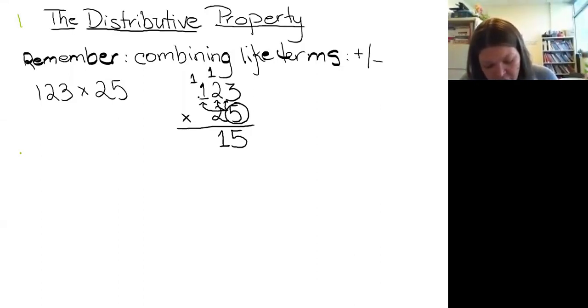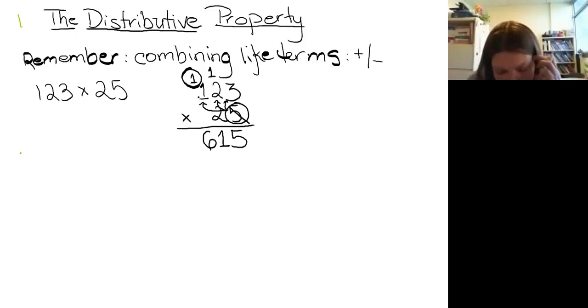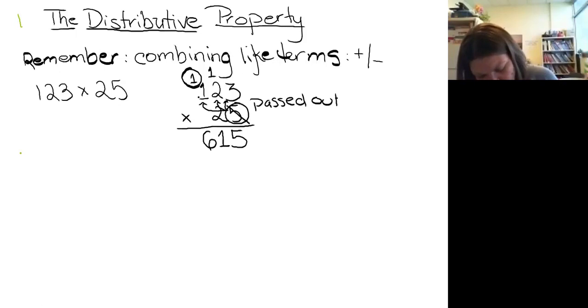And so I would end up with a 5 in my hundreds place, and then I would carry that 1 from before, so that I have 600s, 110, and 15, just from multiplying all the digits up top by that number 5. What I want to point out to you is that we passed out the 5. That's really the important thing I want you to take away from what we just did.